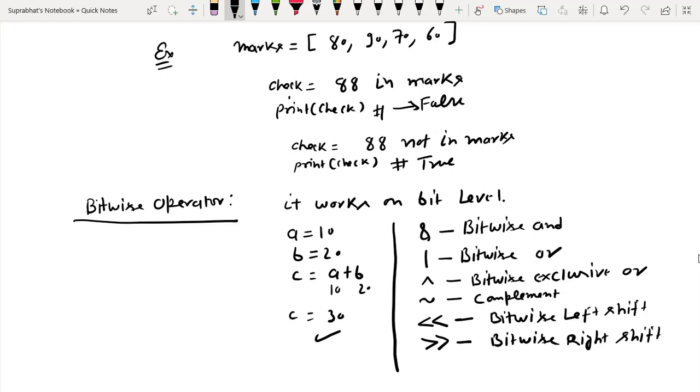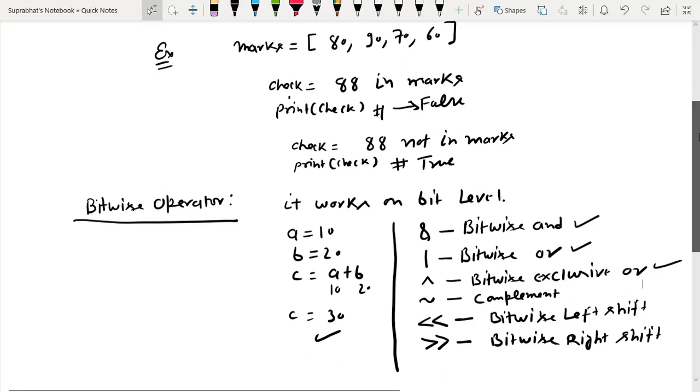So these are all bitwise operators. We will explain each one by one with examples. First bitwise AND, second bitwise OR, then bitwise exclusive OR, then complement, then bitwise left shift, and the last one is bitwise right shift.